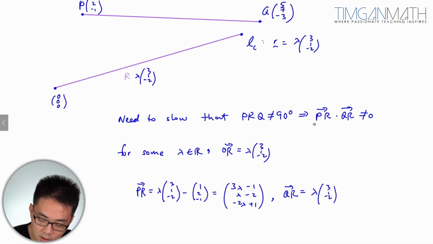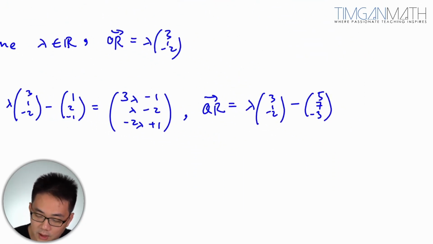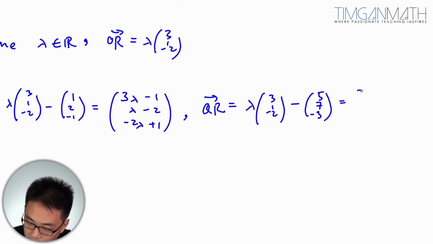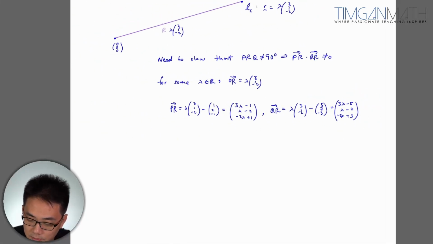It could be RP dot with QR. As long as you show that it can't be 0, because if it's 0, then it will be 90 degrees. So QR is (3 lambda minus 5, lambda minus 7, minus 2 lambda plus 3). Okay, so this is how we do it.